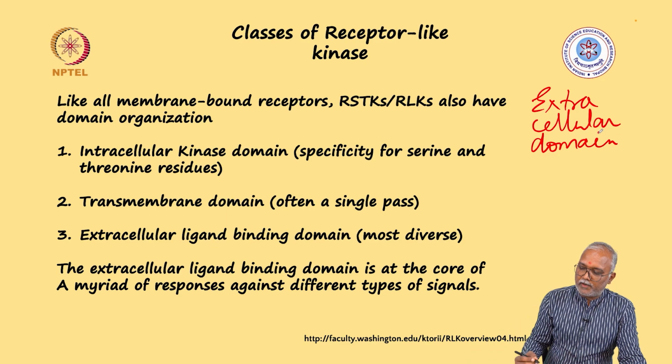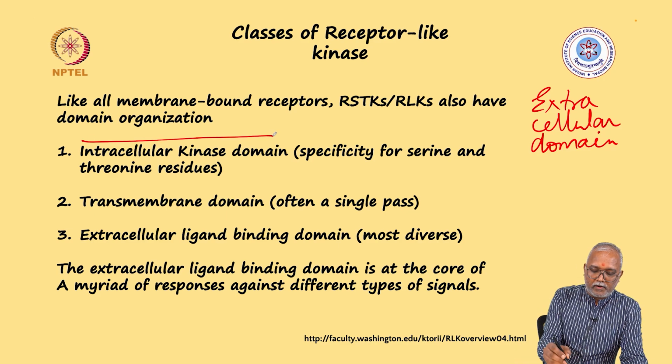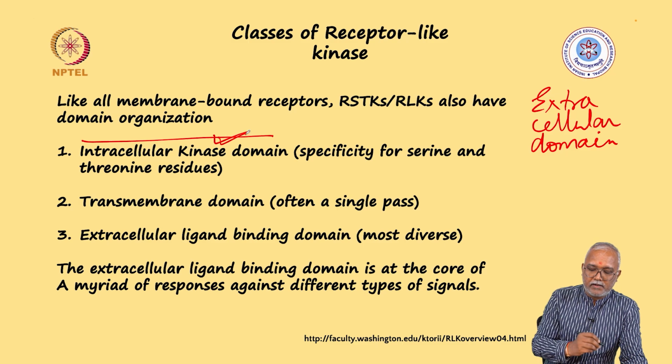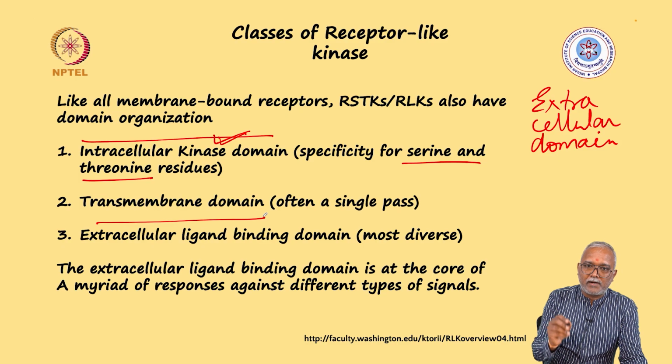I told you earlier that the receptor must have at least 3 domains. One, the intracellular domain, has a kinase activity, and that too is specific for serine and threonine residues. A transmembrane domain holds the entire receptor in the plasma membrane.